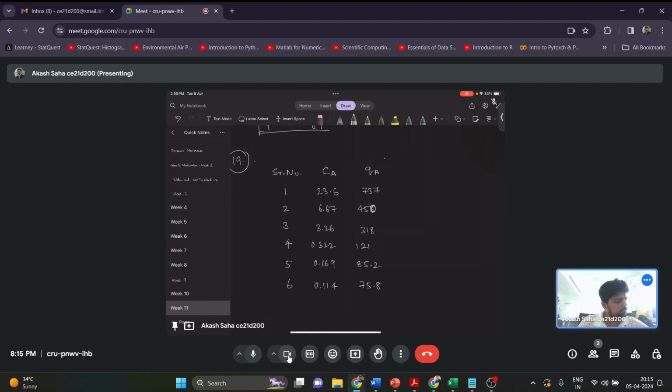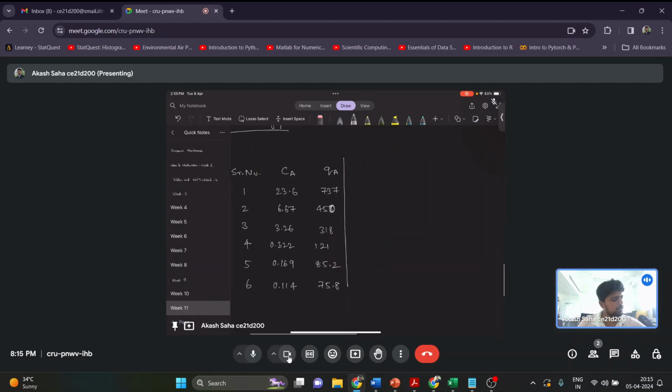So the first parameter that we have to find out to make the isotherms is nothing but Ca by Qa. In Excel, if you just give the command equal to this cell divided by this cell, we will get the answer here. Okay, so I'll write down the answers.